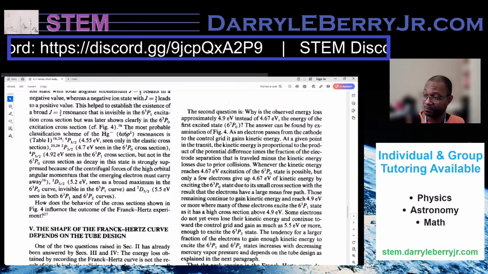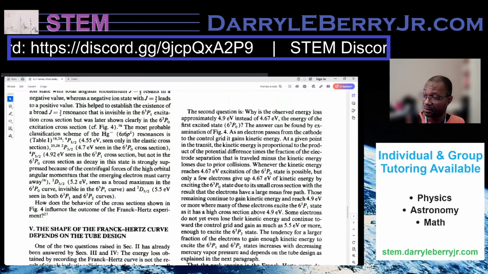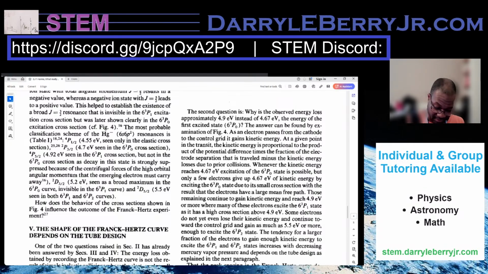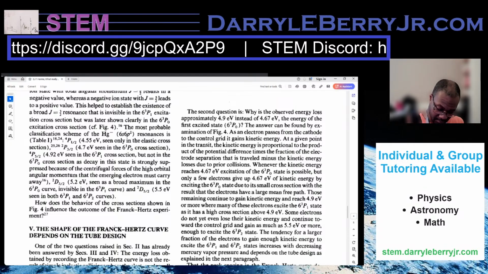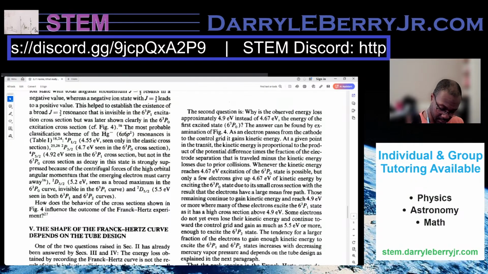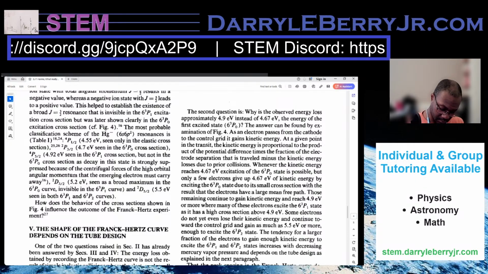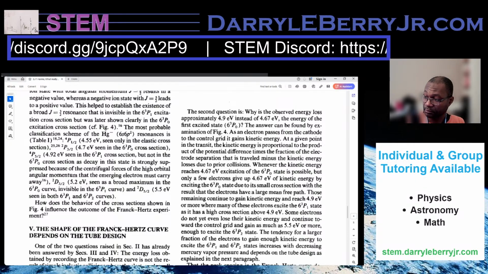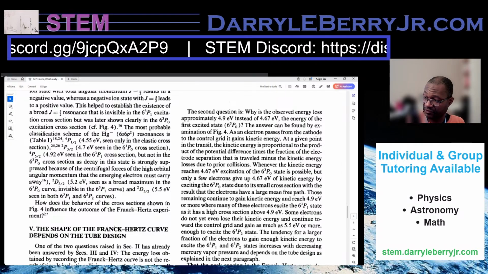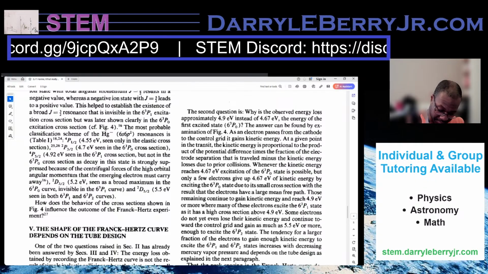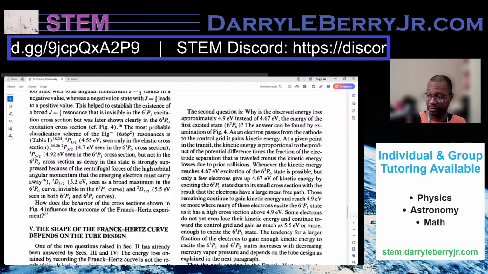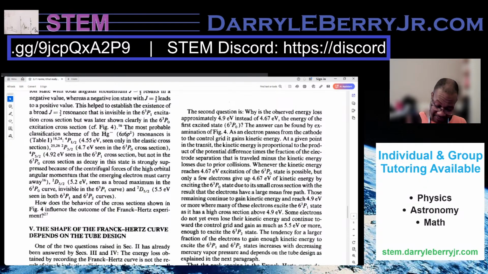Kinetic energy is going up. At a given point in the transit, the kinetic energy is proportional to the product of the potential difference, so I'll put change in V, times the fraction of the electrode separation that is traveled.